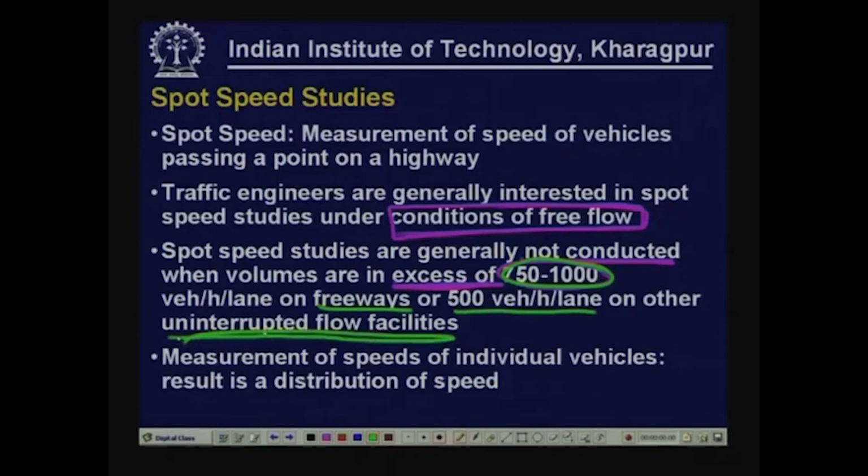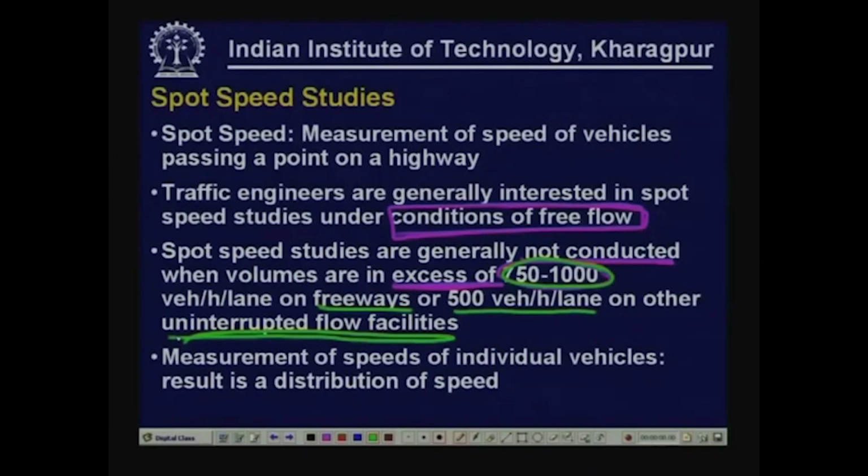So, if the traffic volume is more than this suggested range, normally we do not carry out a spot speed study, because this is an indication that traffic is no longer at free flow or near the free flow state, and congestion has already started occurring.